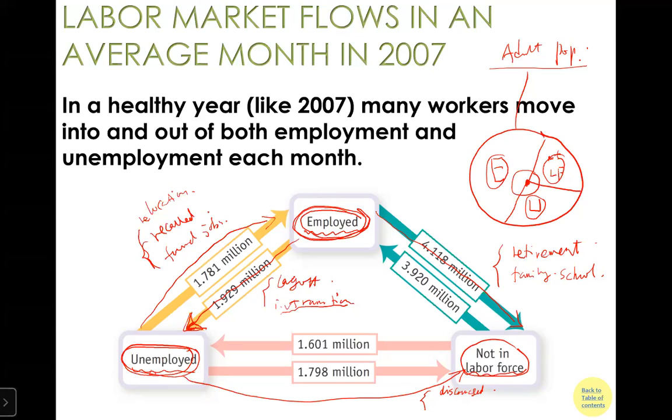Or you have people who feel they have other things to do, but essentially they are discouraged, and need to take care of the family. So they move around as unemployed, and then they decide, I don't want to look for a job anymore, so I find something else to do, either to take care of the family or to take some leisure time. So this is unemployed.